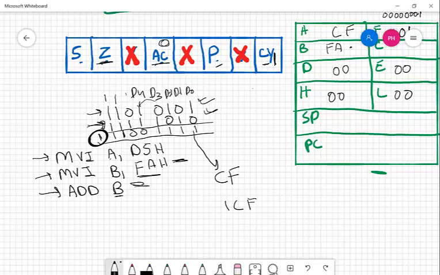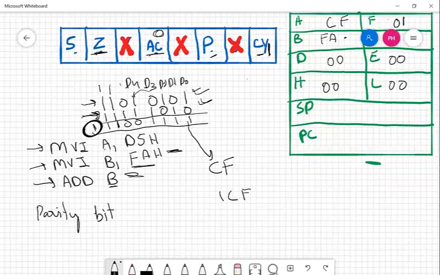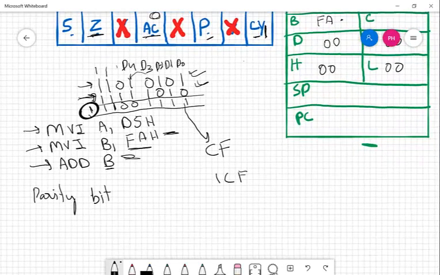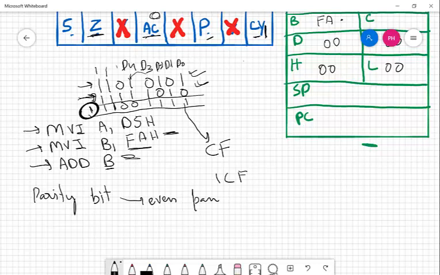And then we have the parity bit. What does parity mean? You might have studied parity encoding and other schemes in your digital electronics. Parity may be of two types: even parity or odd parity.